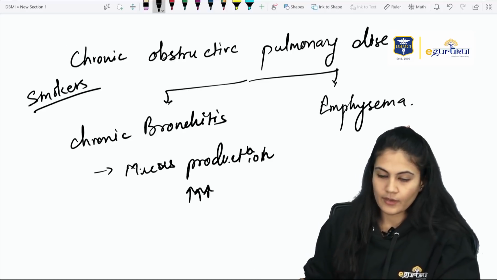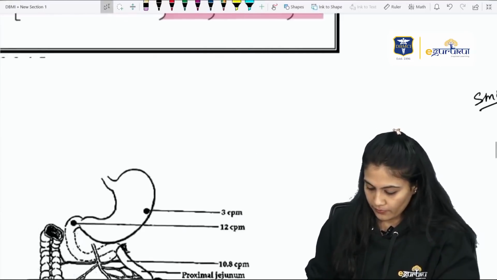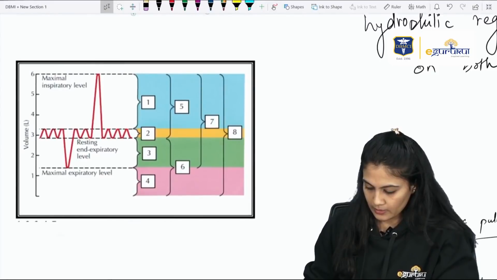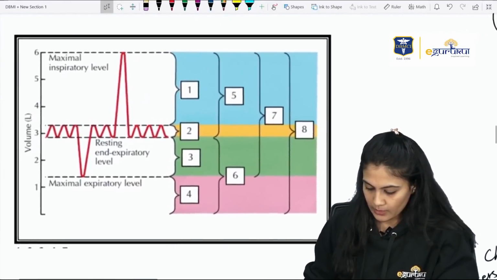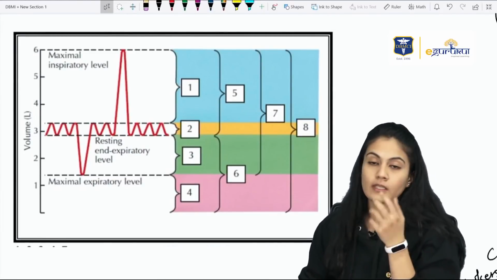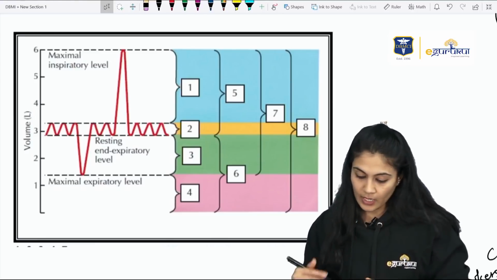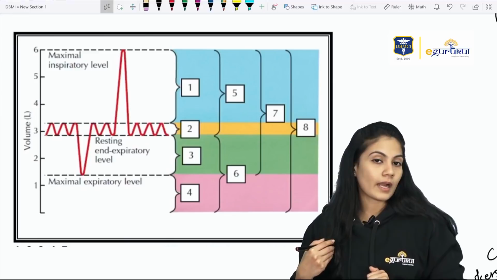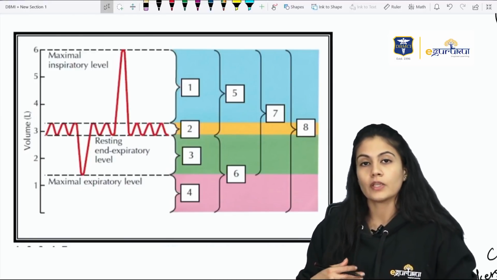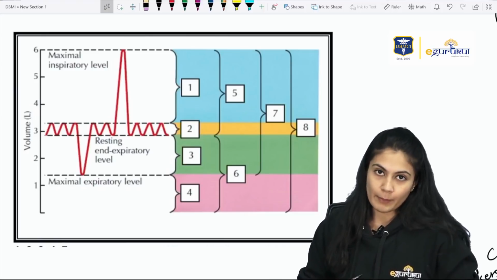Now, if we want to see all these things, we do a spirometry, and what we get is this: the TV, IRV, ERV and RV. If we sum two or more values, we get the capacities.